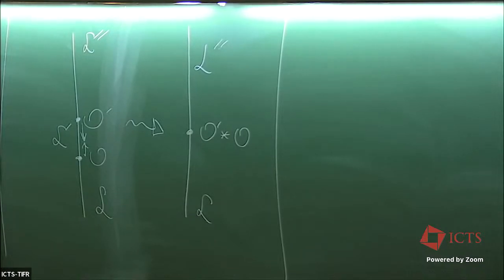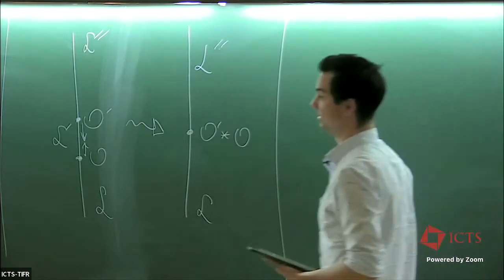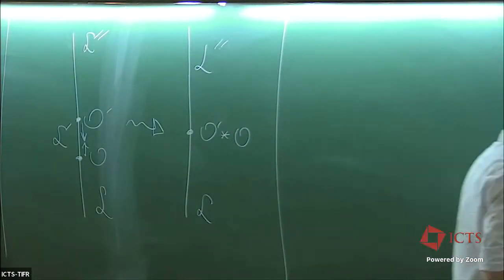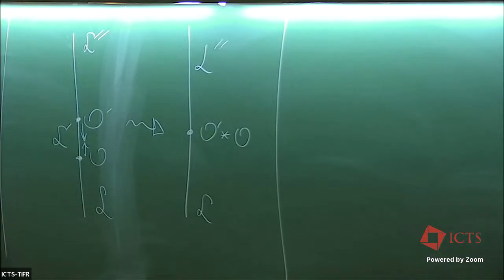Okay, so the next task is to extract a category from those vortex equations that we've been seeing all over the place. And the first thing I want to do in that direction is another reformulation of these vortex equations.